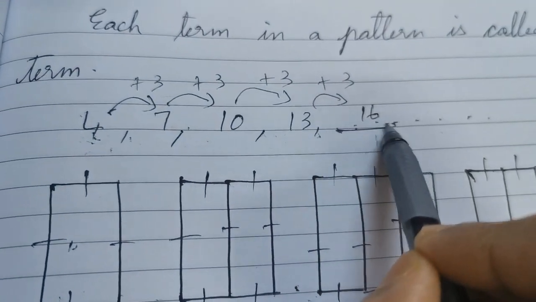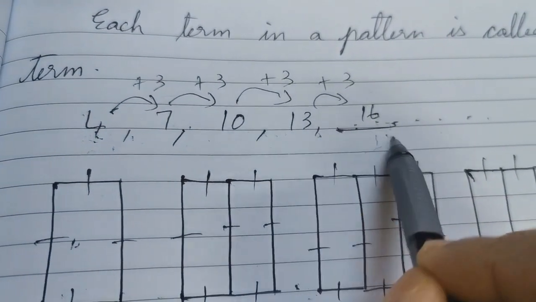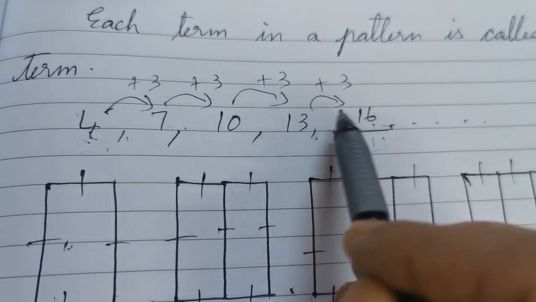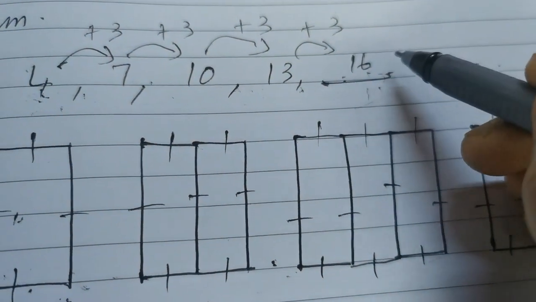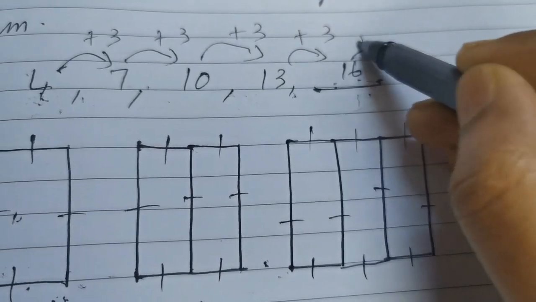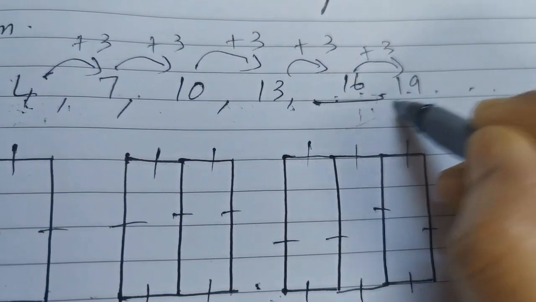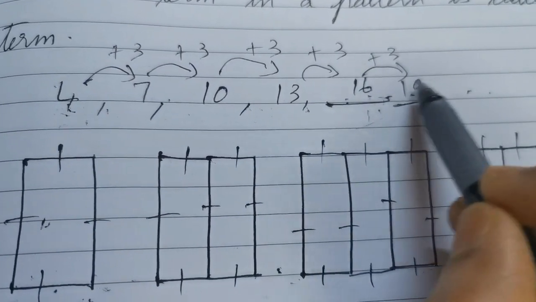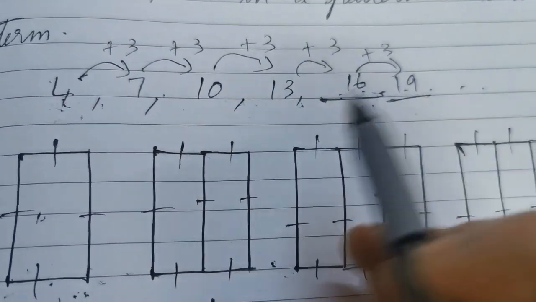It is possible for me to find 16 here because I just have to add 3. The next number will be 16 plus 3, which is 19. So I can find the next number by just adding 3 to it.